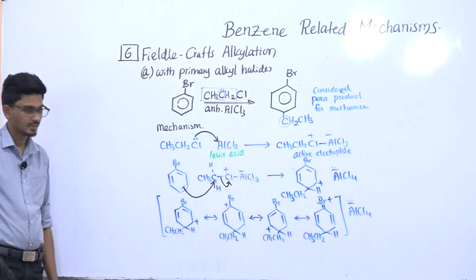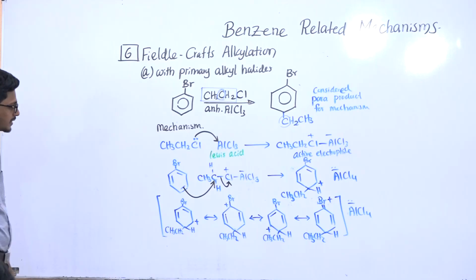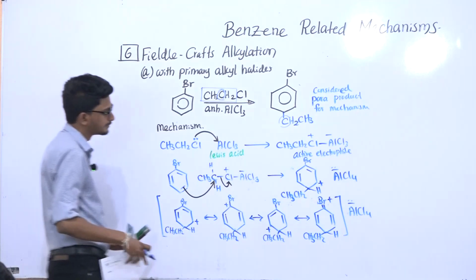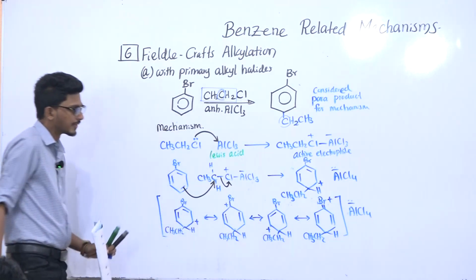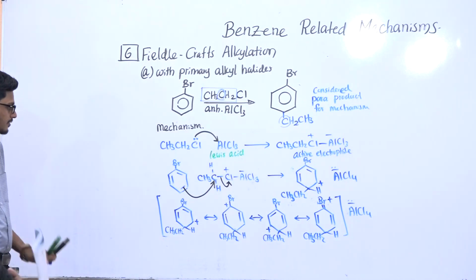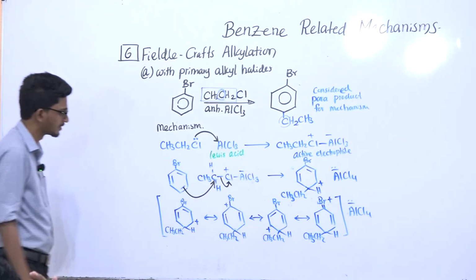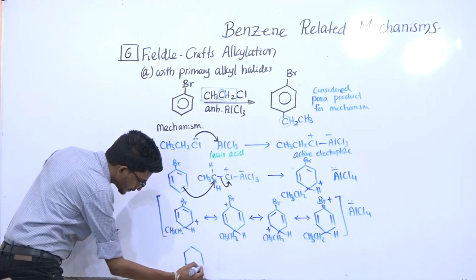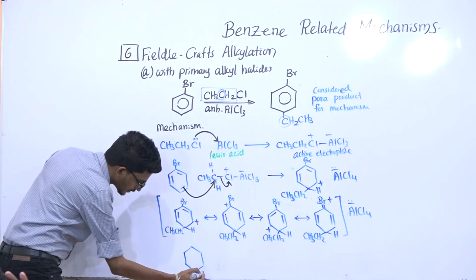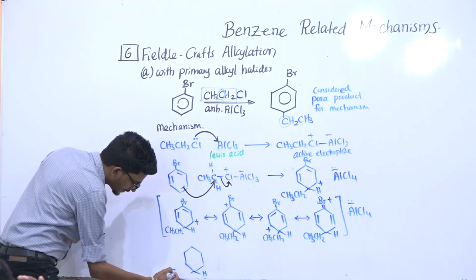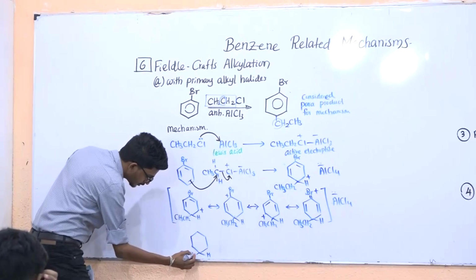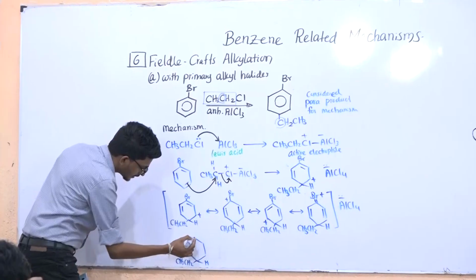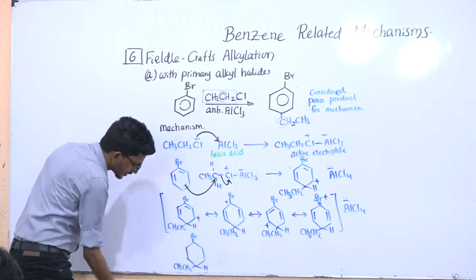Okay, finally the fourth step is the regeneration of the catalyst with the formation of the product. Right, so let's write this here. You have the hydrogen there, CH2 and the Br is there, right?